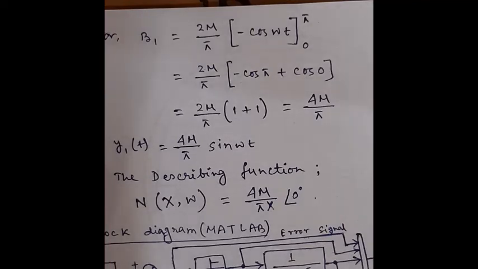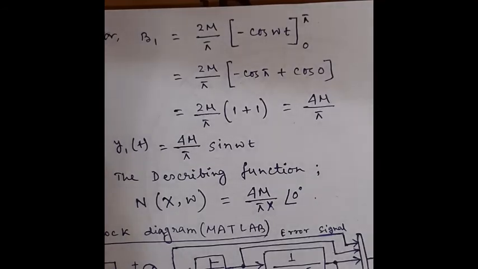Finally the magnitude of the describing function will become 4m by pi x. As the input and output signals are both sinusoidal with angle omega t, there will be no phase difference between the input signal and output signal.